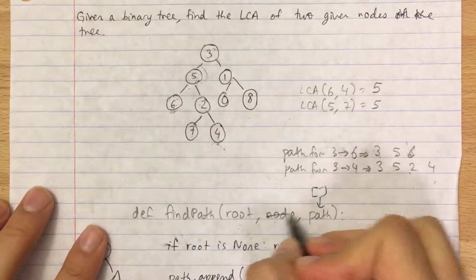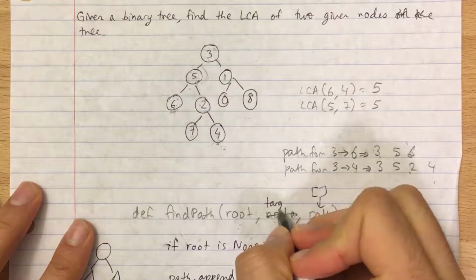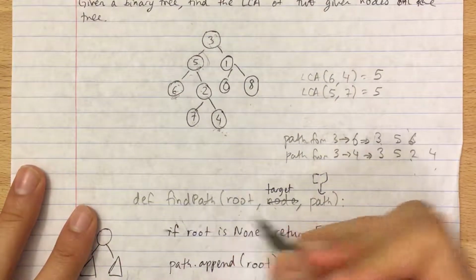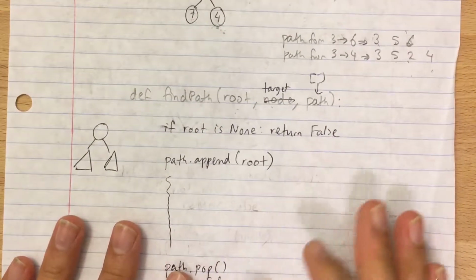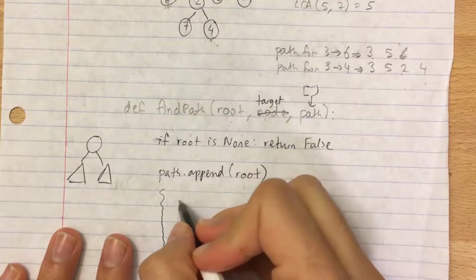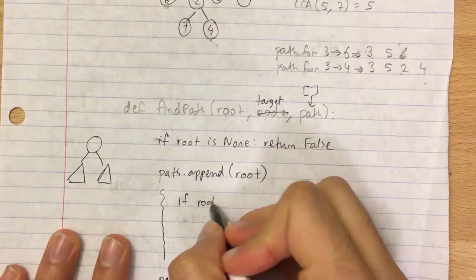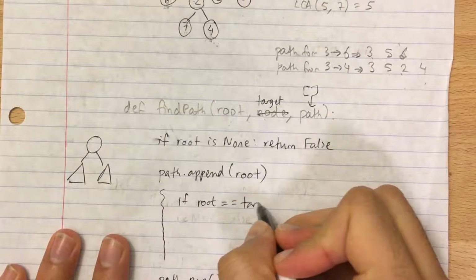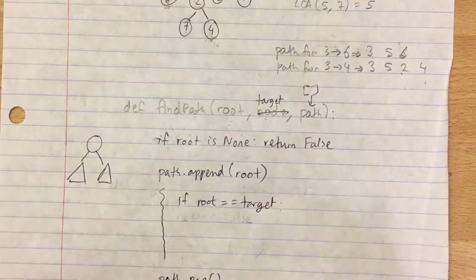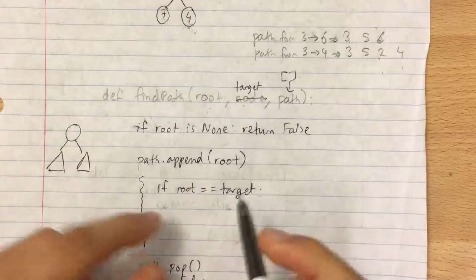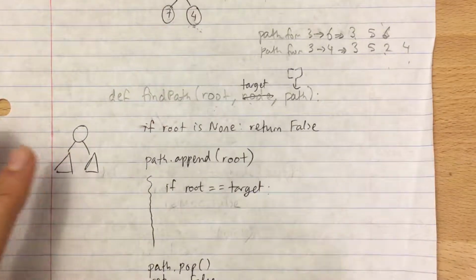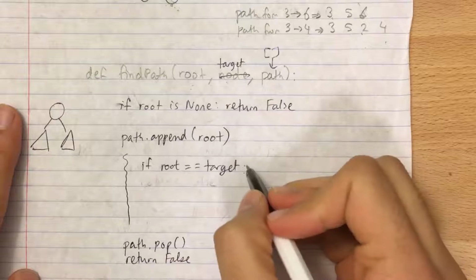So instead of node here, I'll just call this target, and root can be in general root, or as you're traversing down the tree, it can be the current node. So if root is equal to target, again, it depends on the problem statement, but you can compare the references of the nodes themselves or the values.